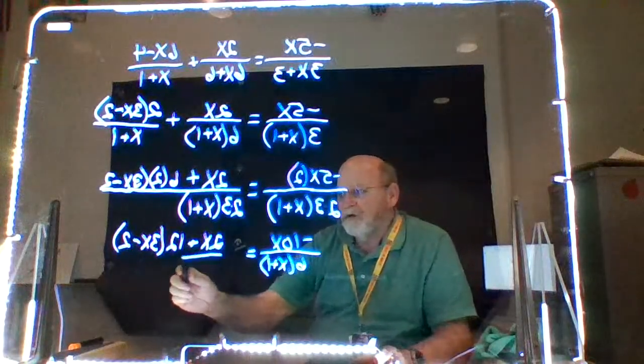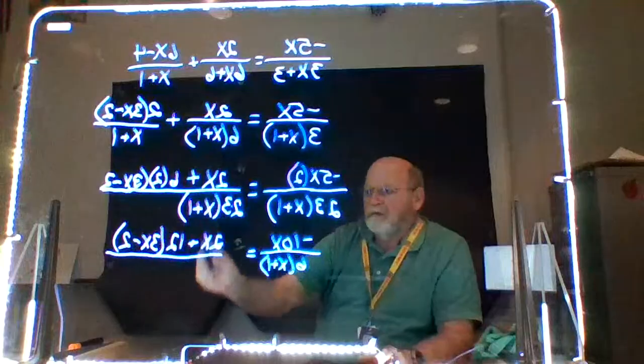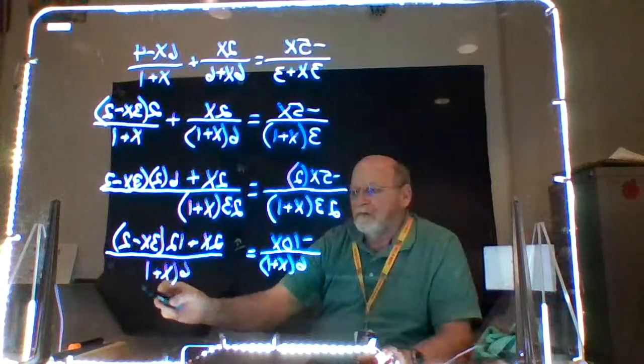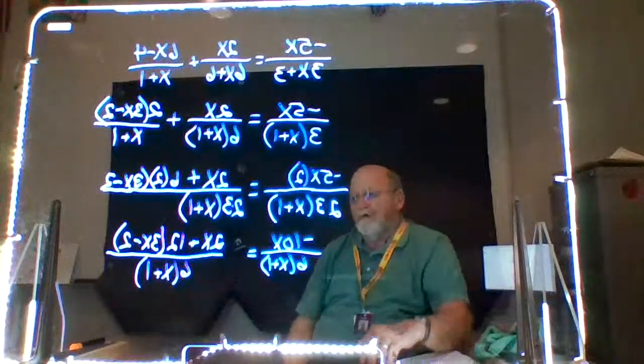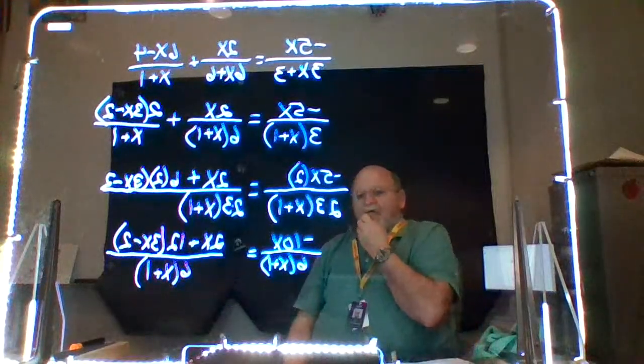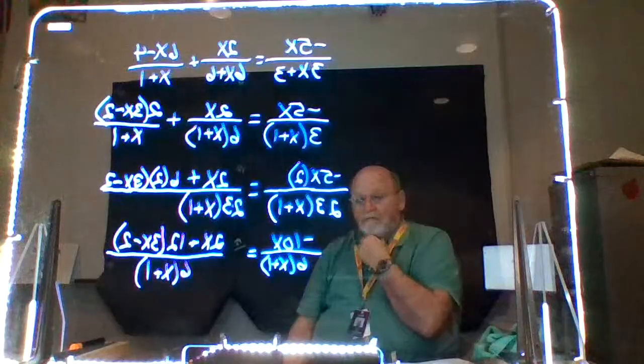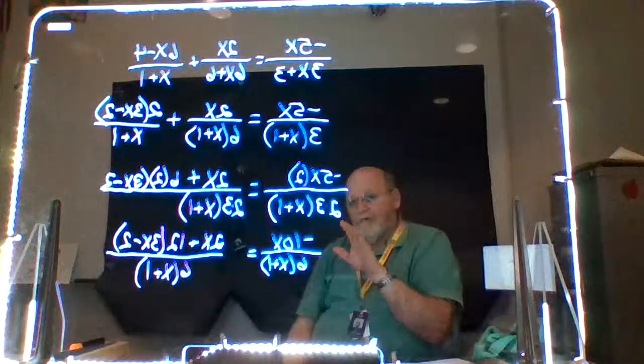That's all over 6 times x plus 1. Okay. Whew. It's pretty complicated, right? So far, I mean, we got our common factors.